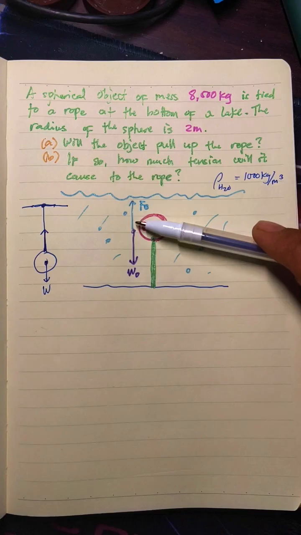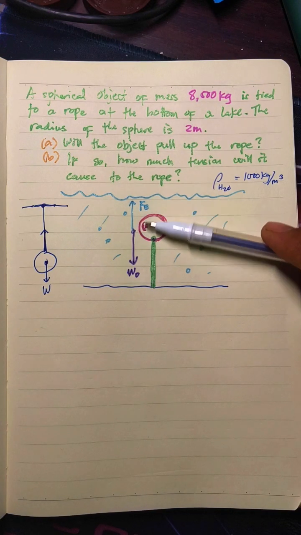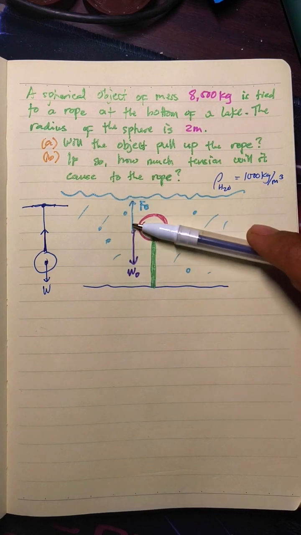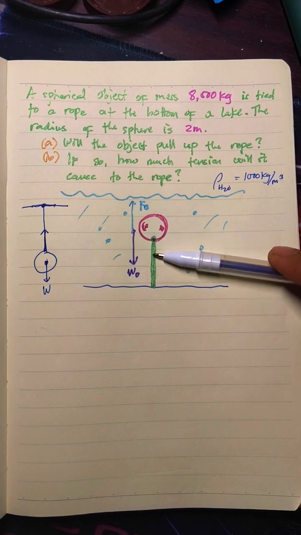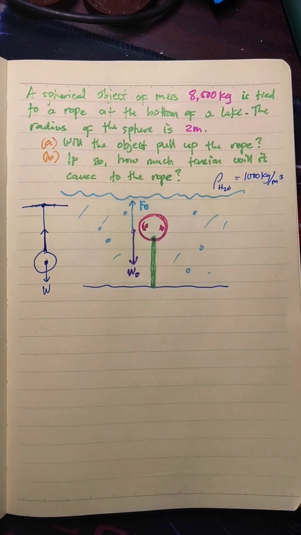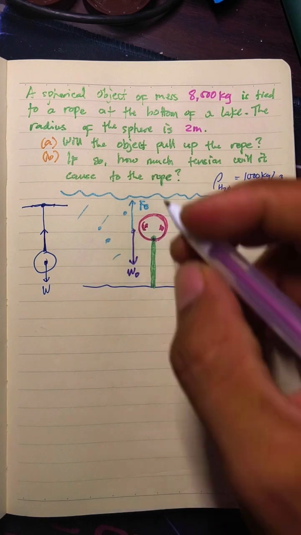Now, if Fb is greater than the weight of the object, in order for it to not move, that will be reciprocated by the tension on the rope. So there should be a tension on the rope. Let's use a different color again, I'll just use pink.